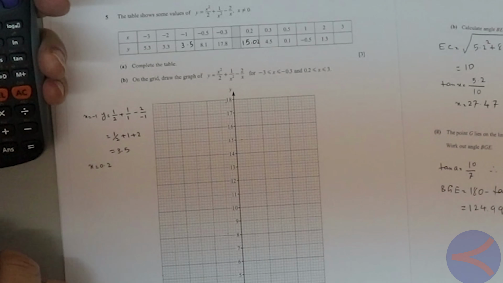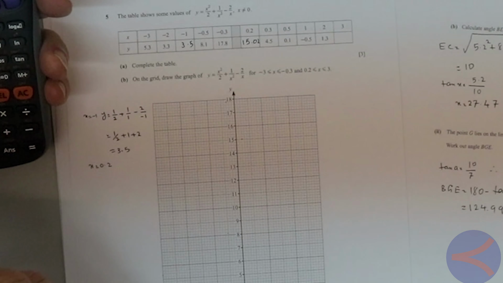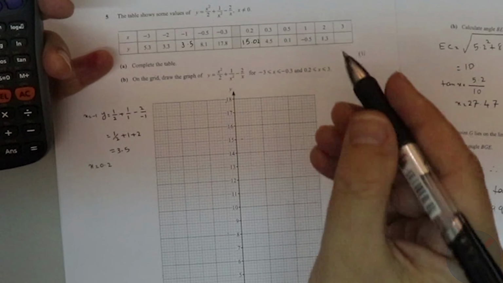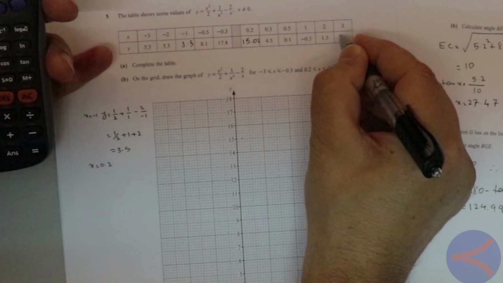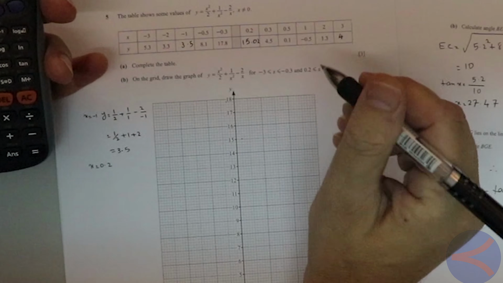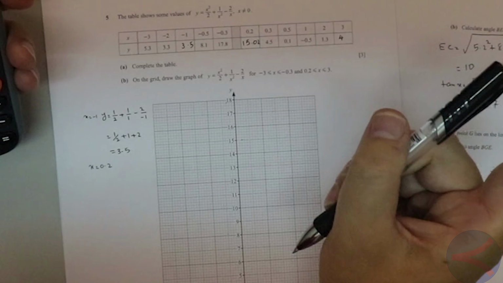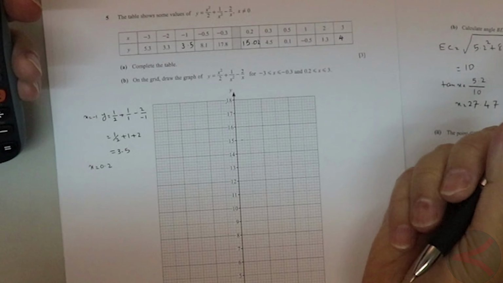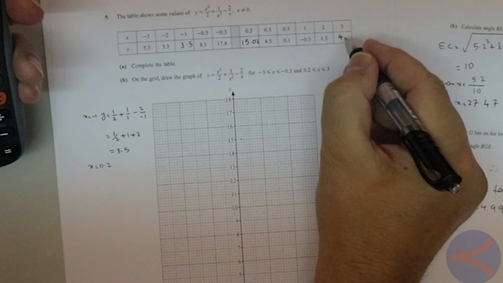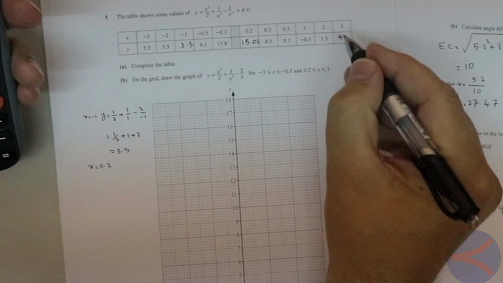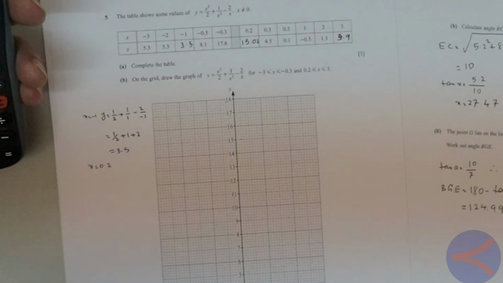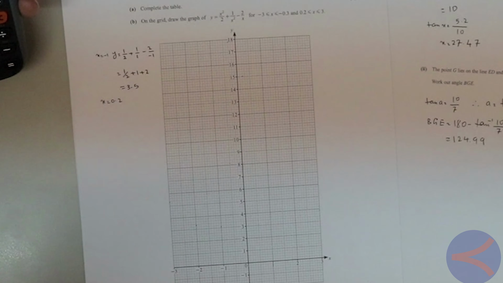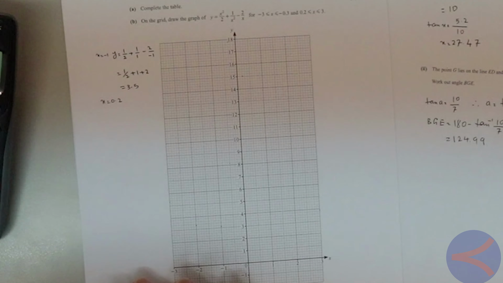Therefore, I'm going to get 3.9444. Therefore, I say it is 3.9. If you write it correct to the nearest integer, it is 4. Or 3.9. Okay. Let me write 3.9. I am more comfortable with that. Okay. Now let us see what we have to do.